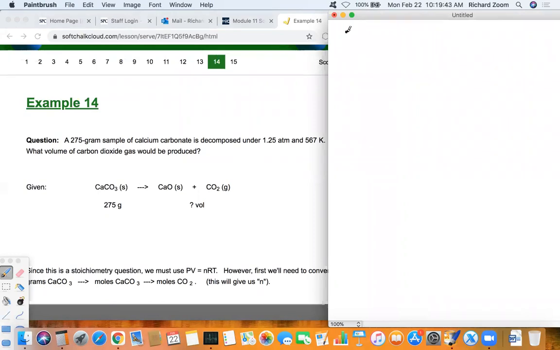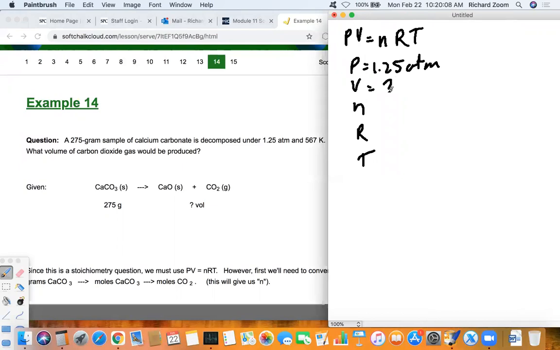So if we've got PV equals nRT, we've got P, V, N, R, and T. We have the pressure already, it's 1.25 atmospheres. It's given in the problem. We have the volume as being, no, we don't have the volume. That's what we're looking for.